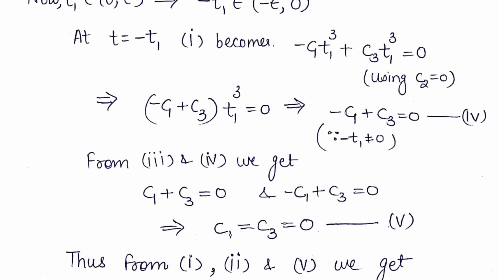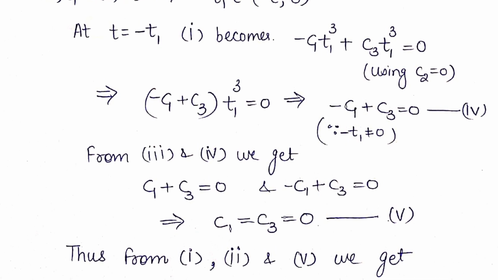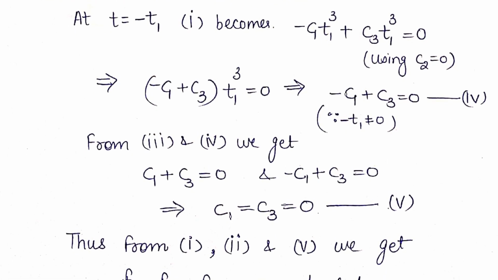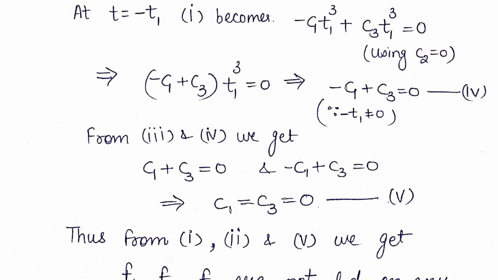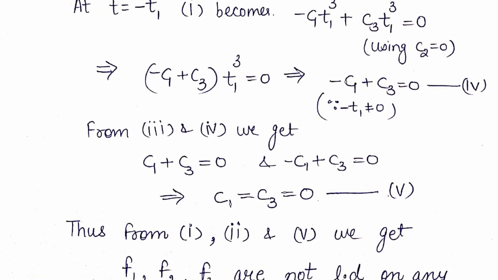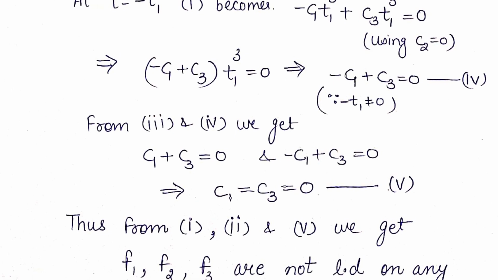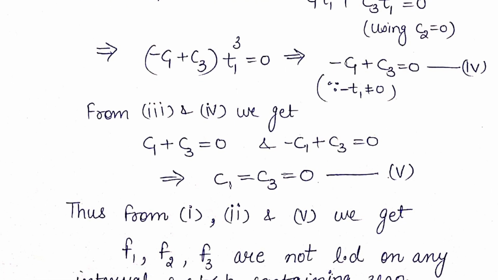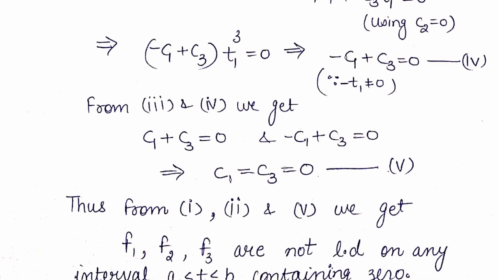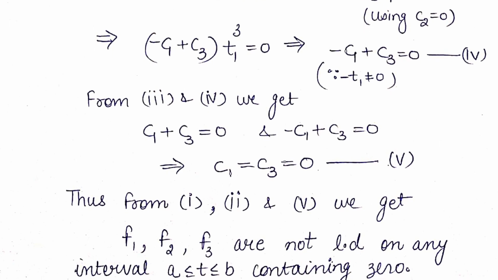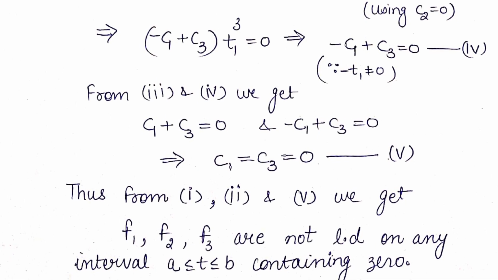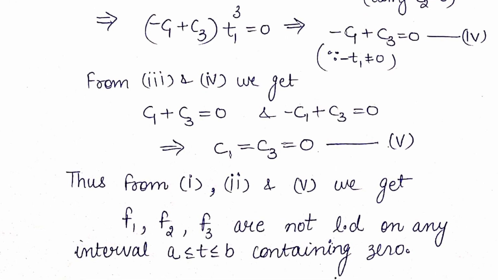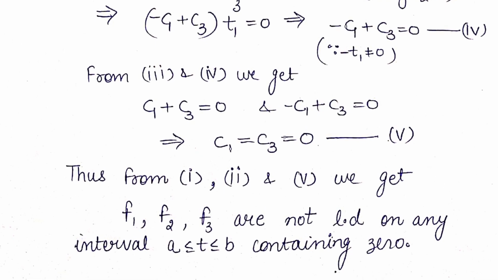Now using 3 and 4, you will get that c1 is equal to c3 is equal to 0. And from 2 and 5, you get that c1, c2, c3 are all 0 in order to satisfy equation 1. So f1, f2, f3 are not linearly dependent on any interval AB which contains 0.